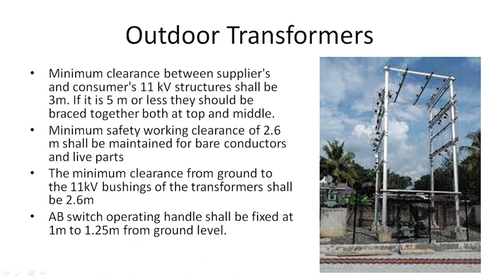That includes these bare conductors, the HV bushings, LV bushings, etc. Then, minimum clearance from ground to the 11 kV bushings of the transformer is also 2.6 meters. The same criteria must be met.